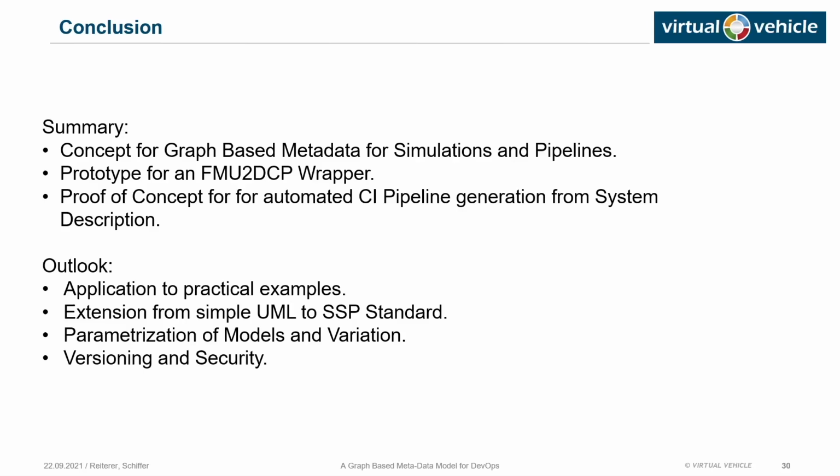We want to extend our example from the simple UML example to a real standard for simulations like SSP. We also want to deal more with parameterization of models and variations. And then we also have to think about aspects of versioning and security, especially DevSecOps.